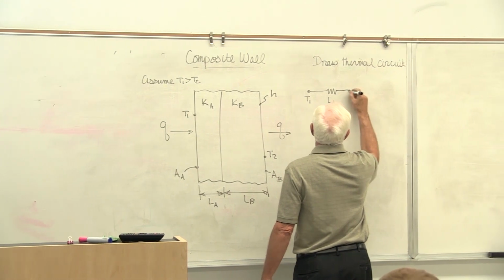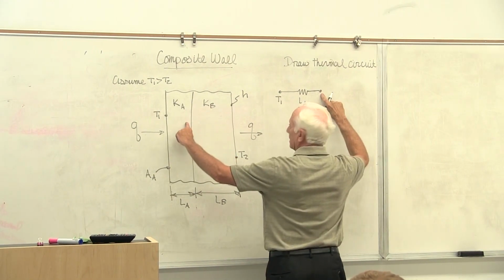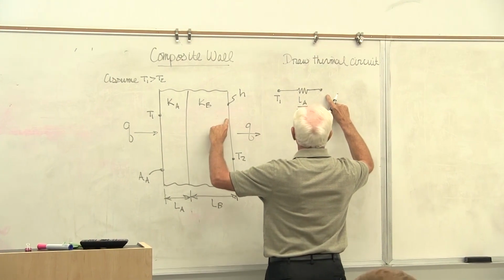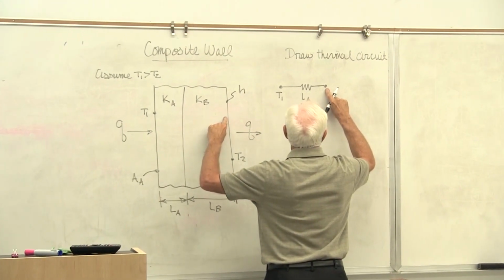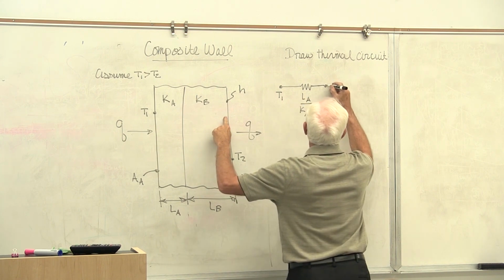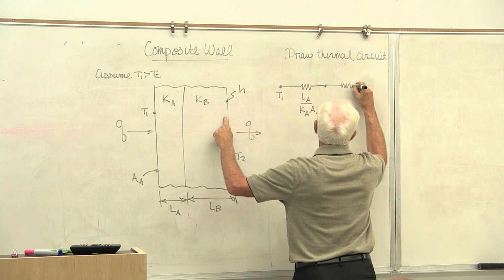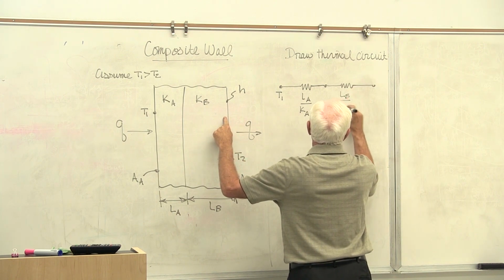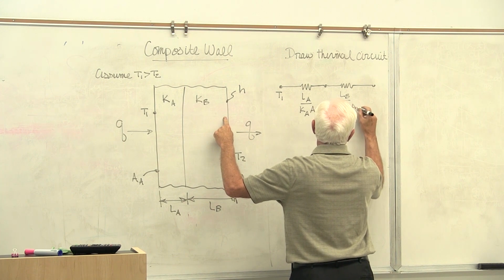That gets us to that point, where my fingertip is. Now we go through material B to get us to the right-hand side of this composite. That goes by conduction through material B, LB over kB AB.